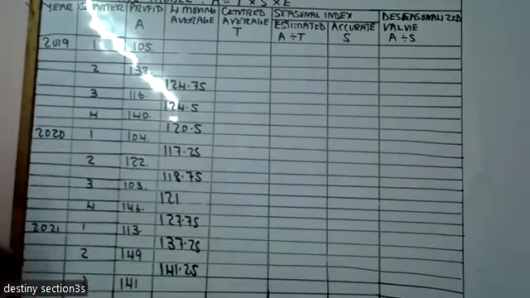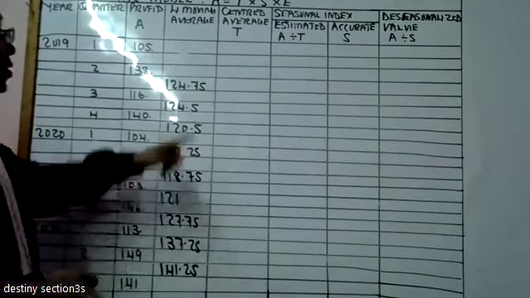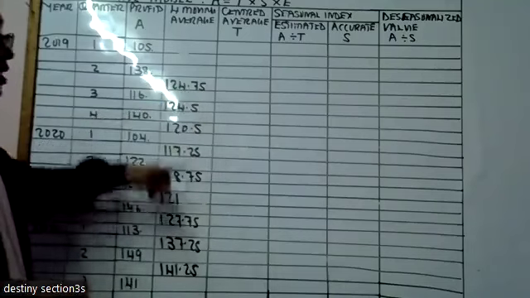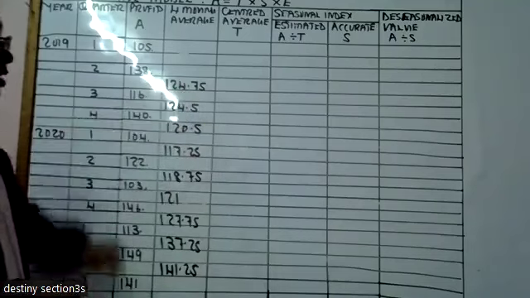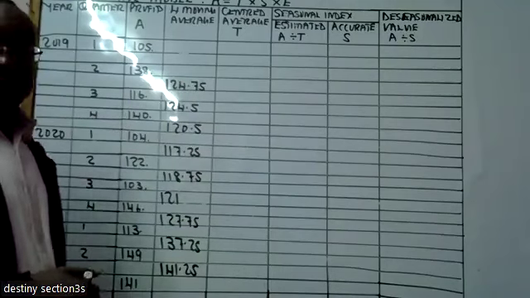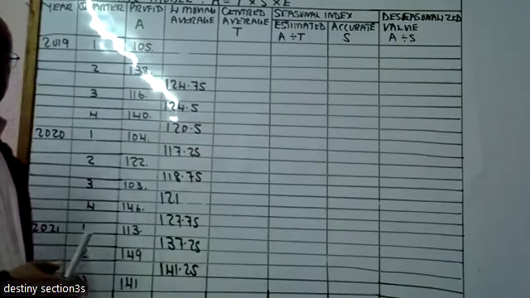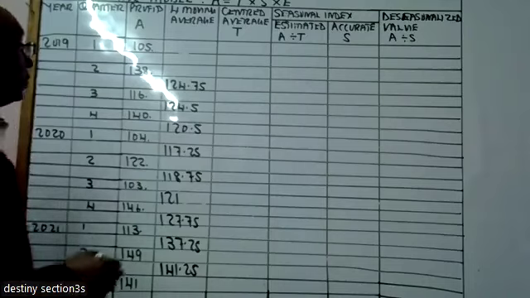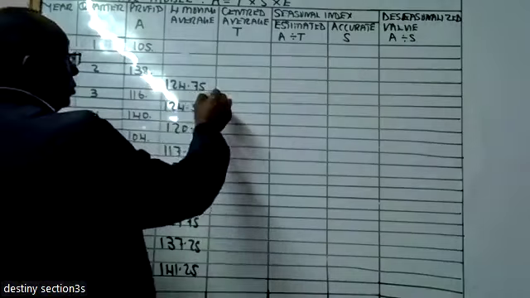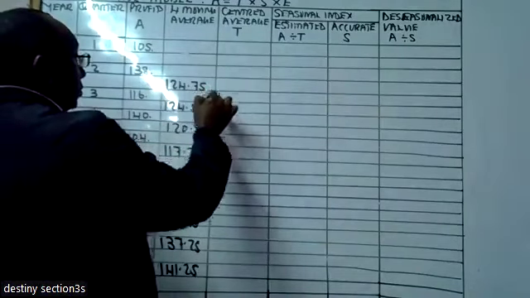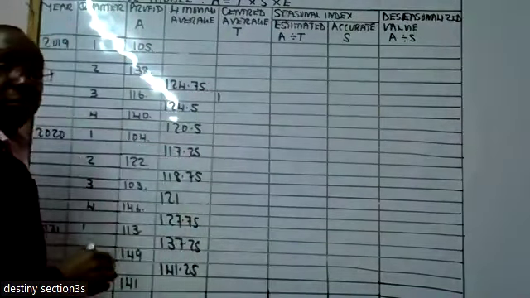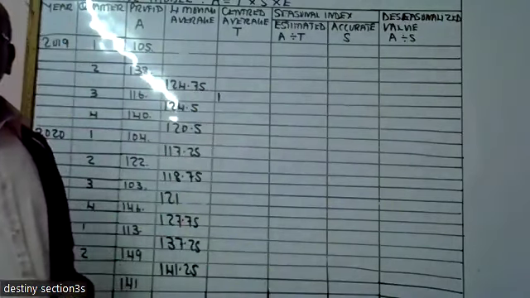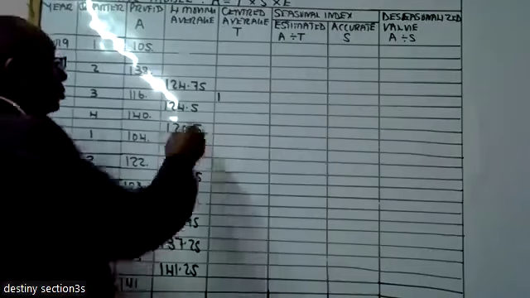So let's go and center. Centering, you add the two neighboring values, you divide by 2. So let's start with this one: 124.75 plus 124.5. Divide that by 2. 124.625.